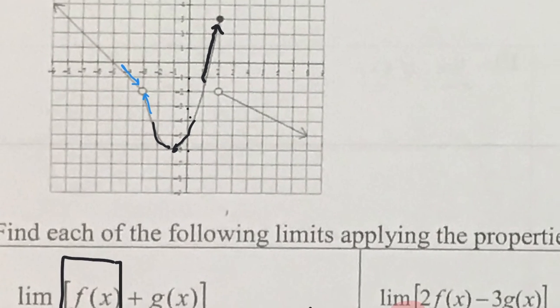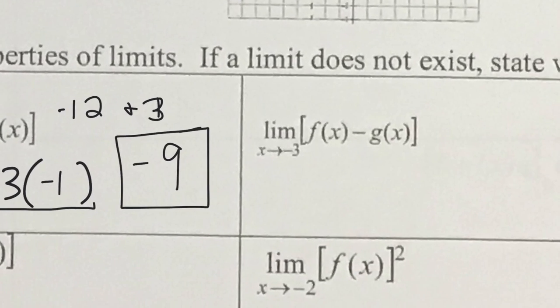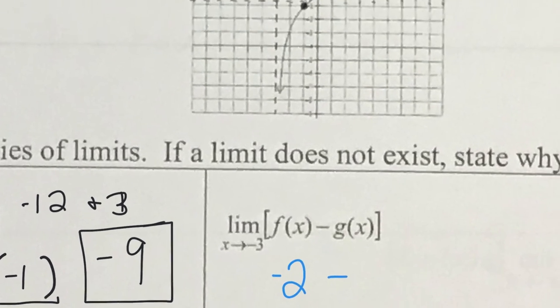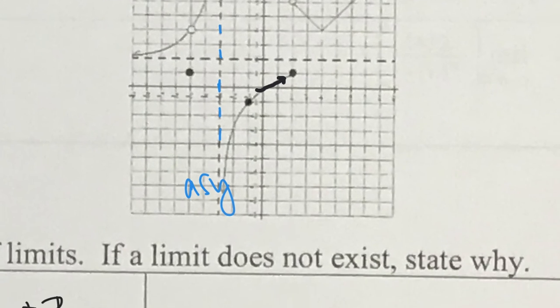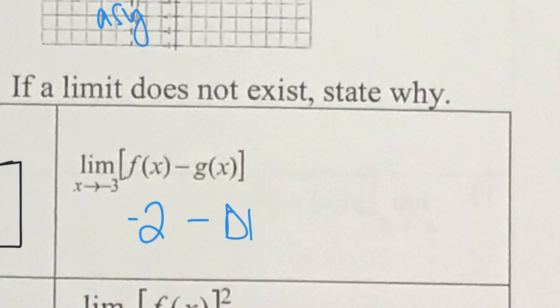The limit does exist at a hole, so that's negative 2. Minus, let's look at g. As x approaches negative 3, what do we notice? That there is an asymptote. So it doesn't exist. At negative 3, the limit does not exist. So the whole entire limit does not exist.